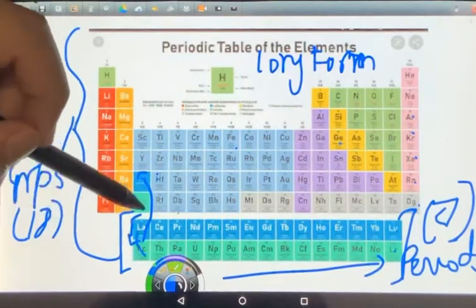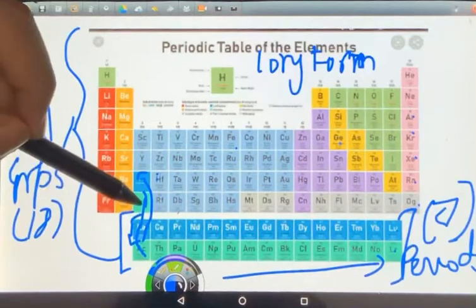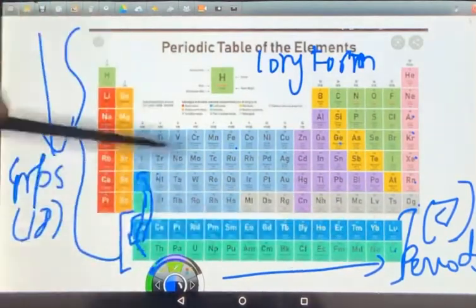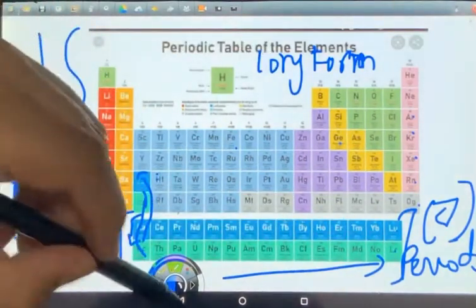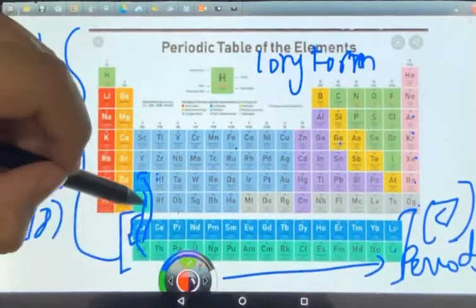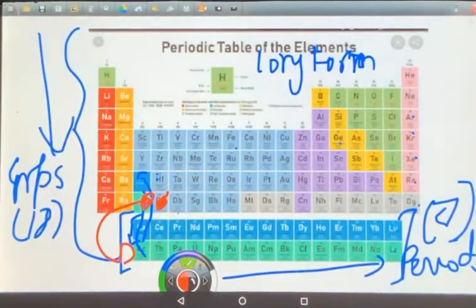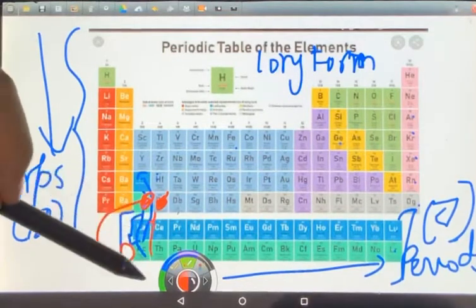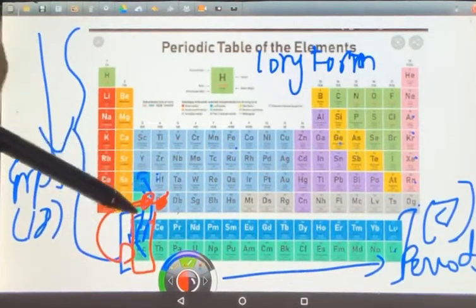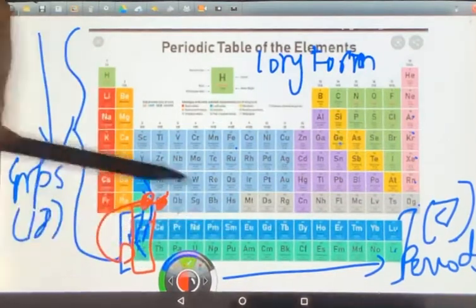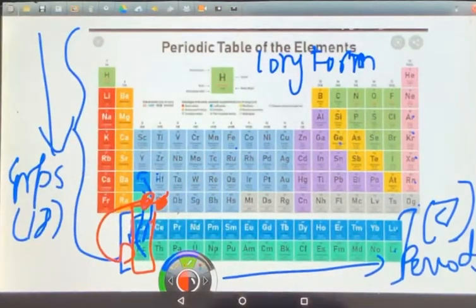Similarly, this element is here, actinium, in period 7, and all these elements after this are located below these two, between these two. But they are written separately in order to make their property study simple. Because they resemble the properties of the elements present in the main periodic table, they are written with them only.